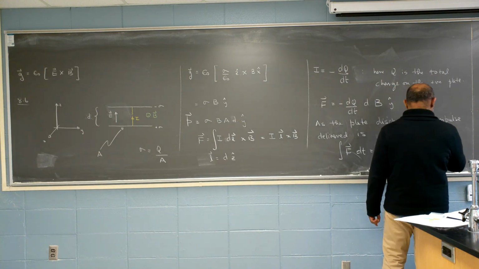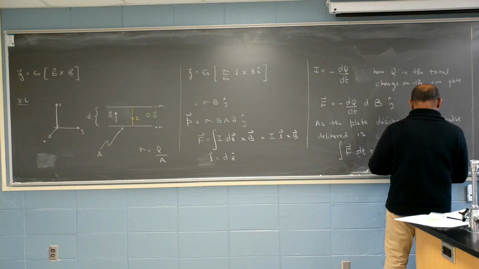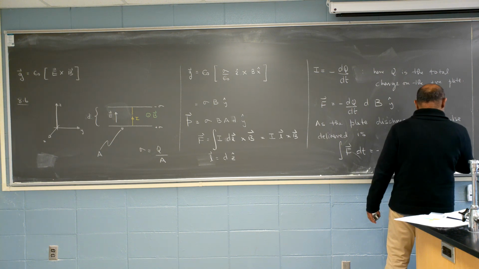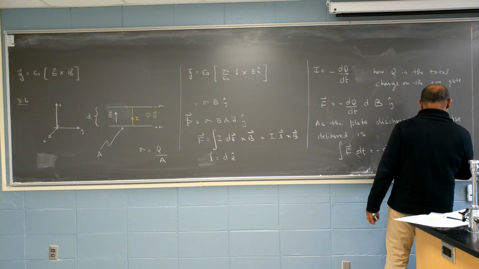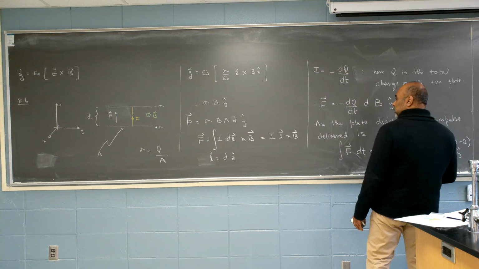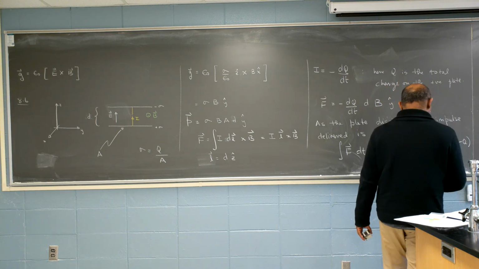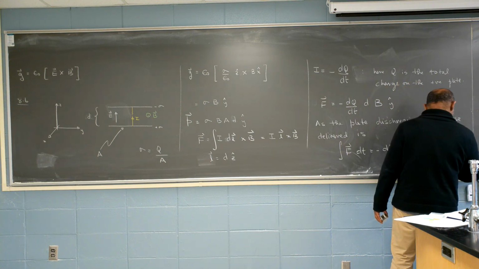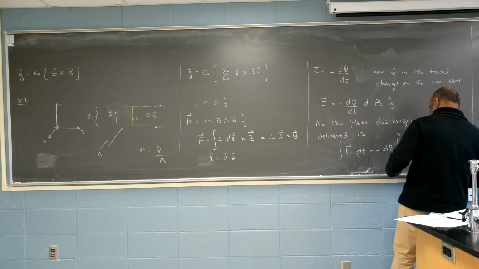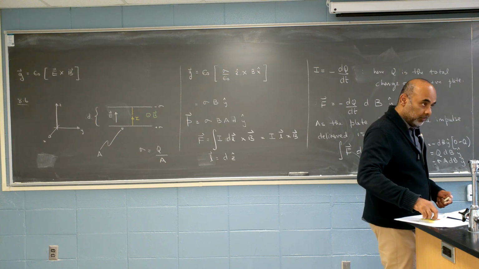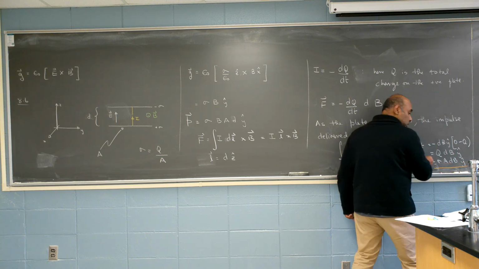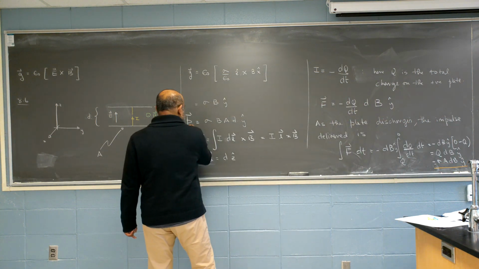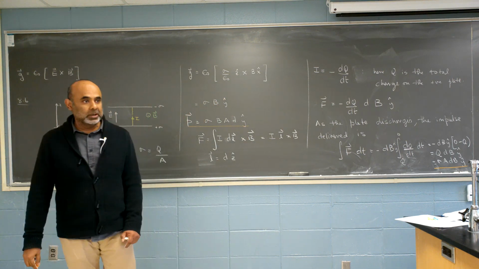So that is minus dB y hat, integrated from Q to 0, that is 0 minus Q, that is Q dB y hat, and Q is sigma A. And then you realize that the impulse delivered onto the wire matches exactly with the momentum that was stored.